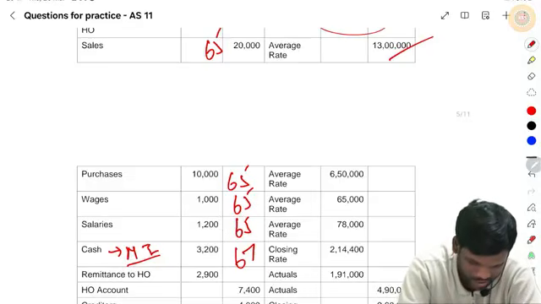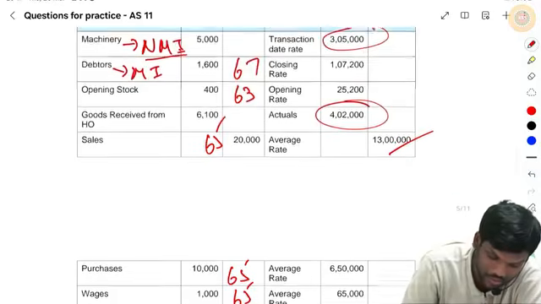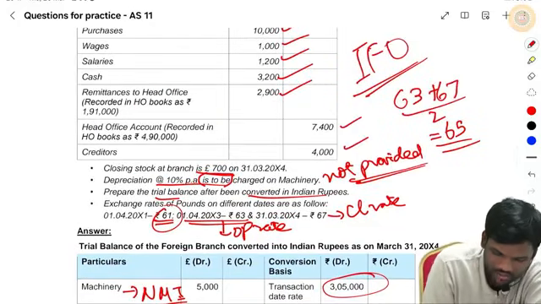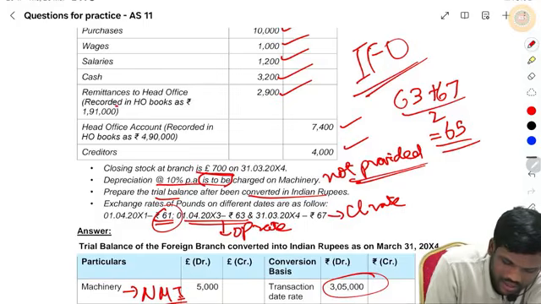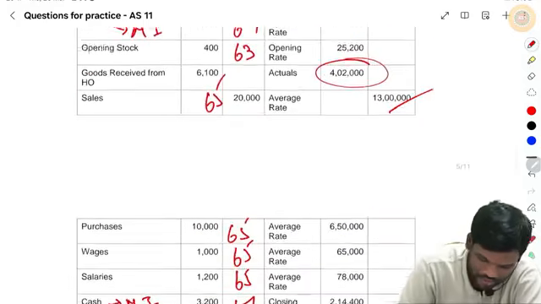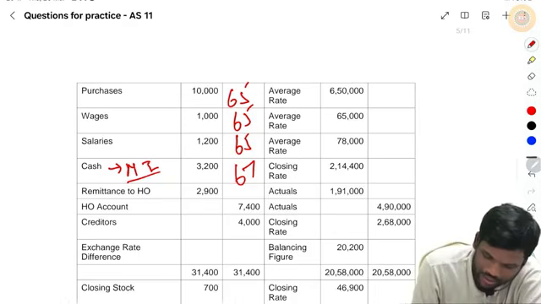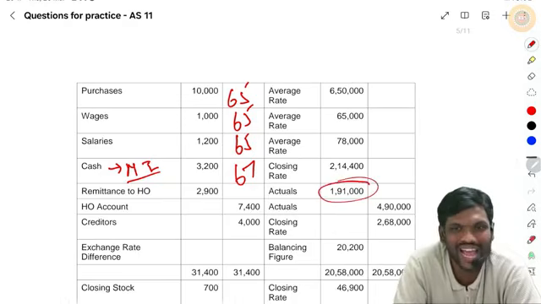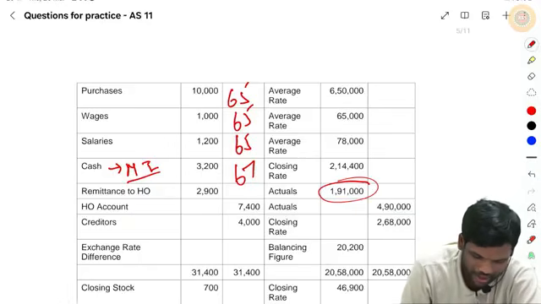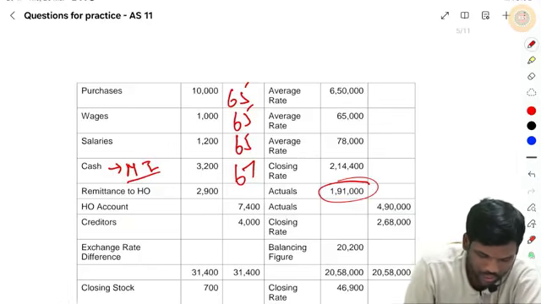Sir, what about remittance to HO? Again it is an HO balance. For that HO balance, you need not convert. They will give you the INR amount from head office books. You can use that. So this 2,900 pounds, you will write in actual terms as 1,91,000. Same way, head office account also, no need to convert.